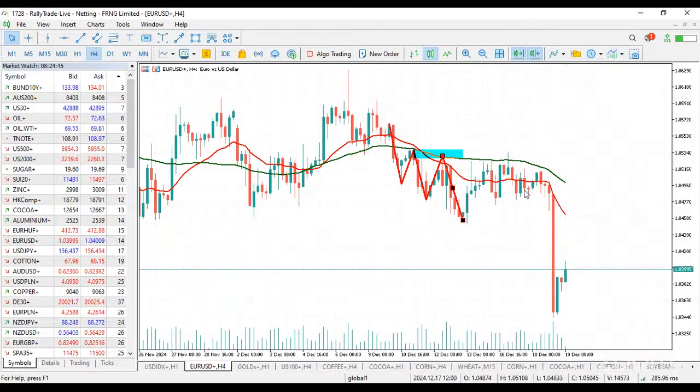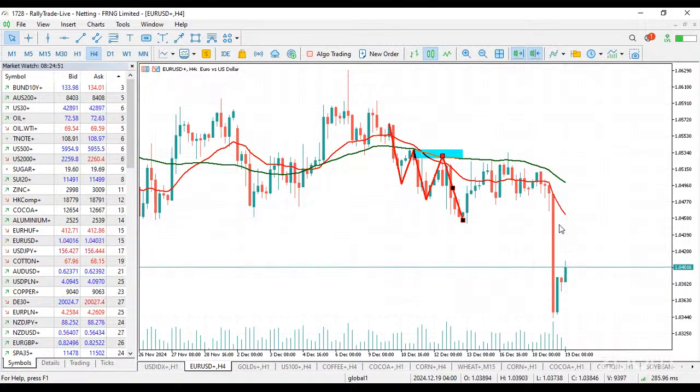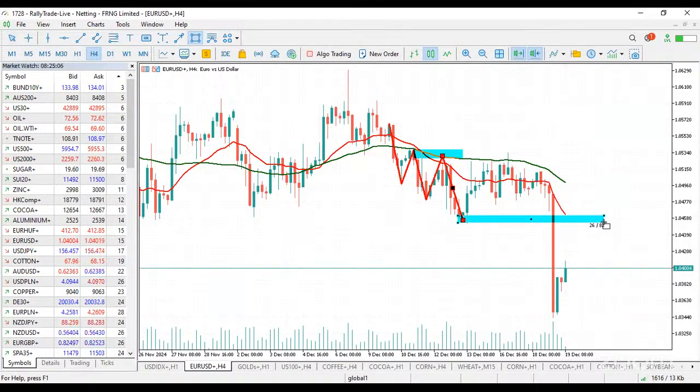If you look at my chart here, this is a 4 hour chart. You can see that we got the break of structure somewhere around here. This is where the market experienced the break of structure. By that I mean this is where it was able to trade below the most recent low.